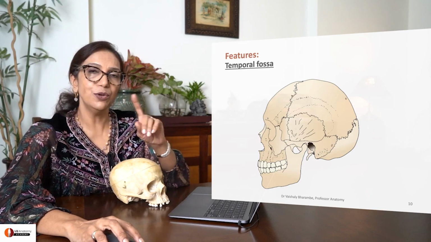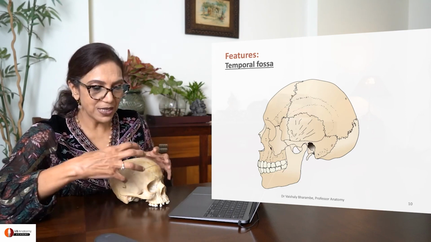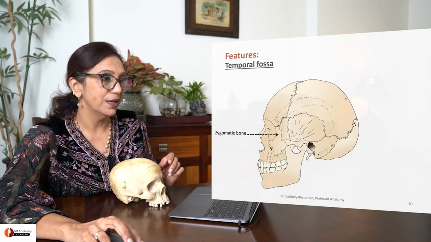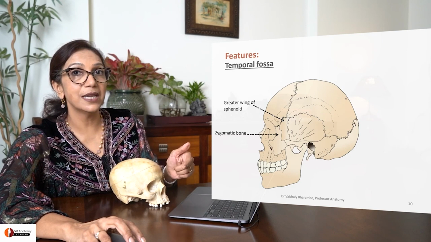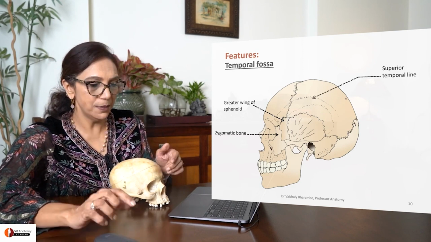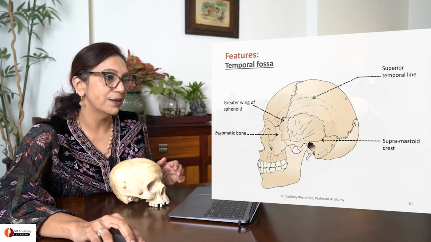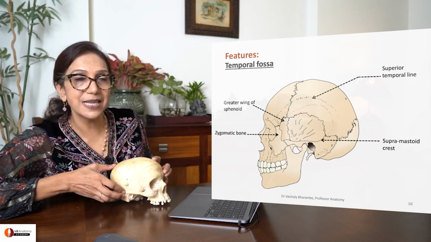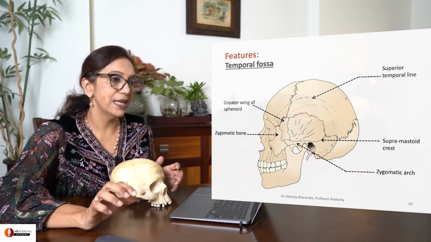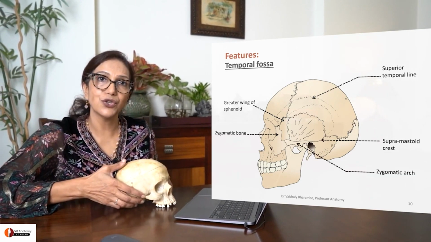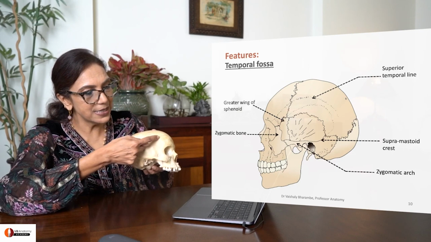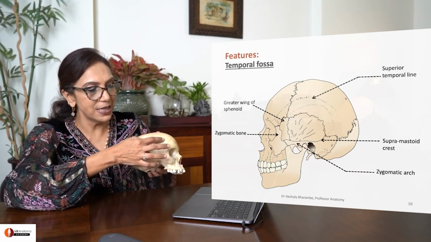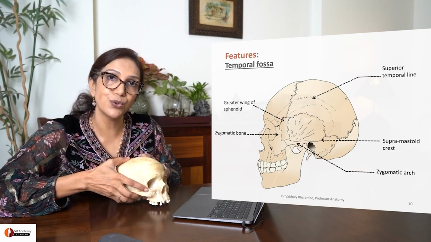Let's see it again, you will understand. Temporal fossa is an area bound anteriorly by the zygomatic bone. Above that, also by the greater wing of sphenoid. Superiorly bound by the superior temporal line. Inferiorly bound here by the supramastoid crest. And then it is bound by the zygomatic arch. So just understand that this area here, bound above the zygomatic arch, is called the temporal fossa.